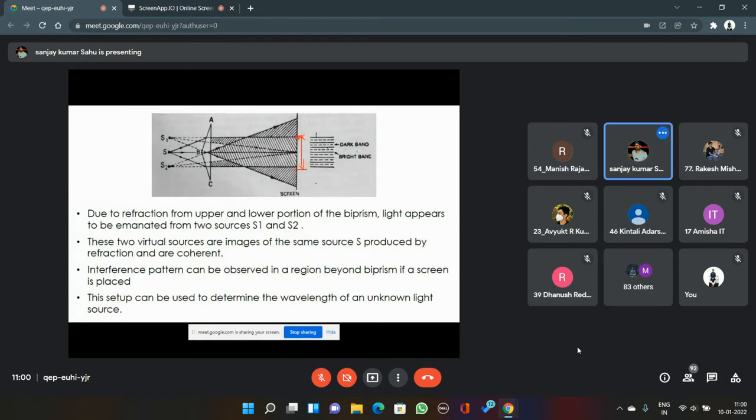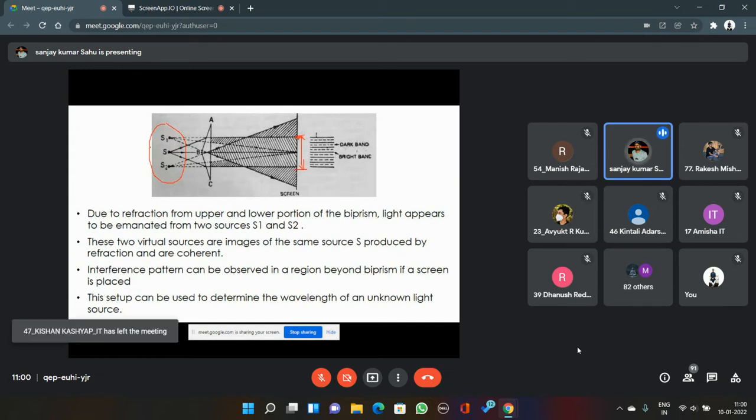What is the difference between Newton's fringe pattern and this fringe pattern? This fringe pattern is completely equivalent to the fringe pattern you obtain using Young's double slit experiment.